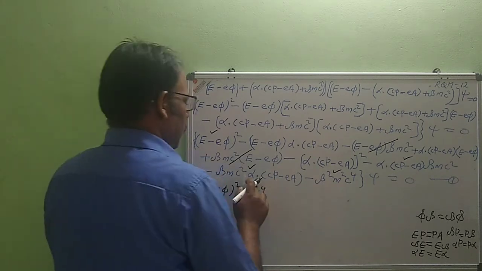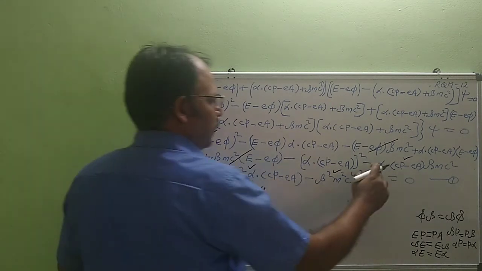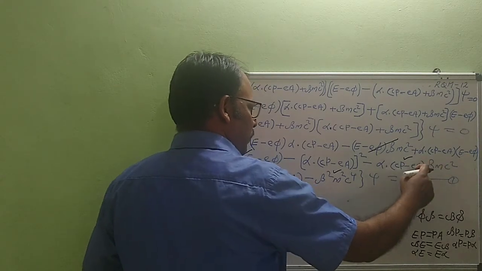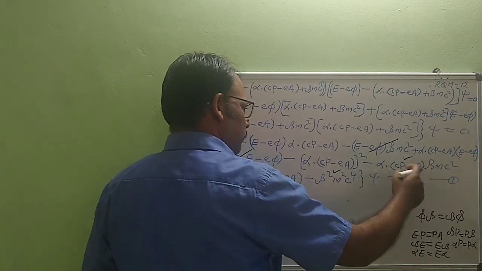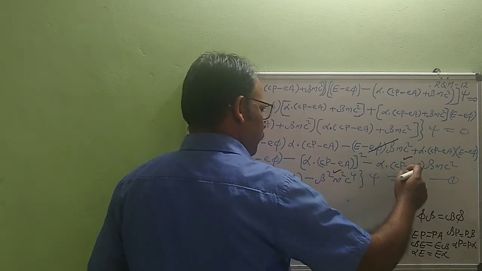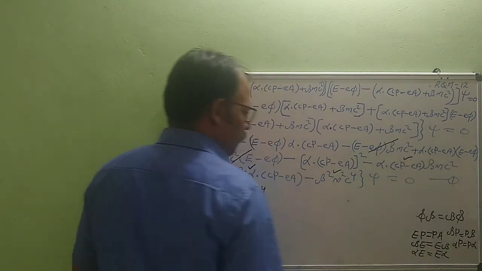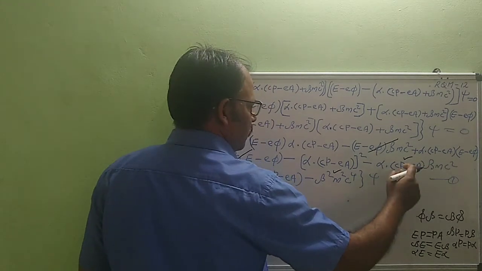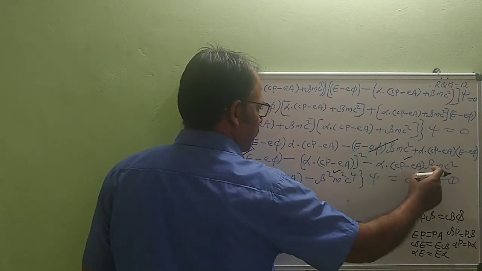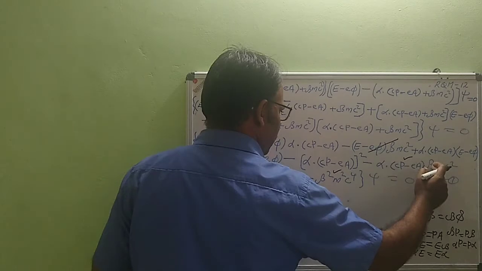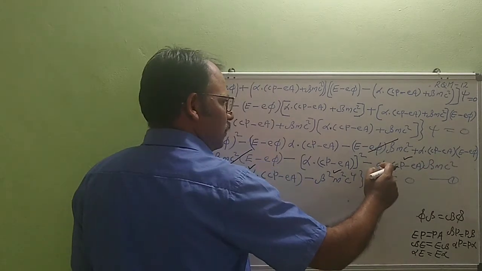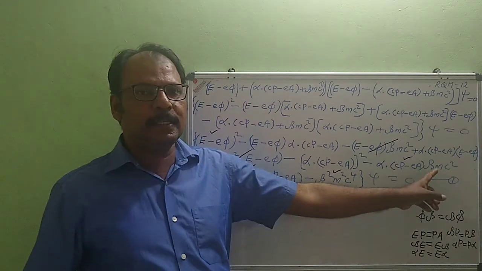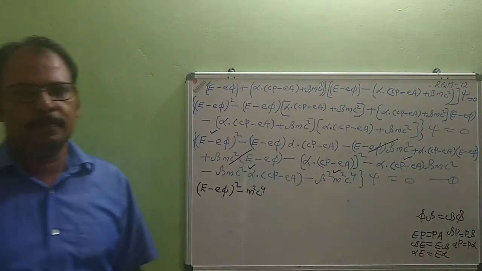So here we will be having alpha beta, and here this beta is commuting with A, beta is commuting with P, like that alpha is commuting with P and alpha is commuting with A. So we can write (Cp minus Ea) into beta as beta into (Cp minus Ea), or we can write it as alpha beta dot (Cp minus Ea) into m c square.